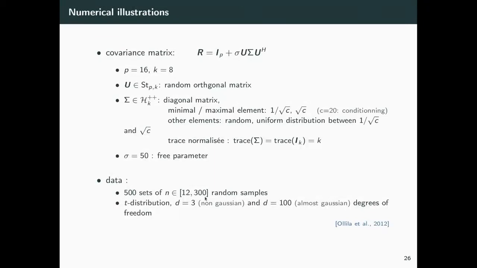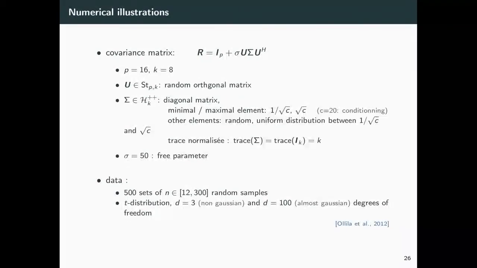To do so, we have simulated a covariance matrix with a low-rank structure like that, where the important thing is that we have chosen the condition number of sigma with respect to inversion, and then we have normalized its trace in order to control the signal to noise ratio with this parameter sigma here.